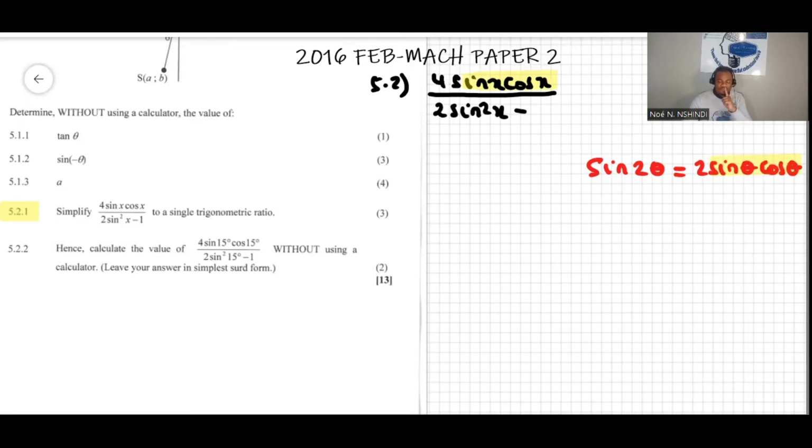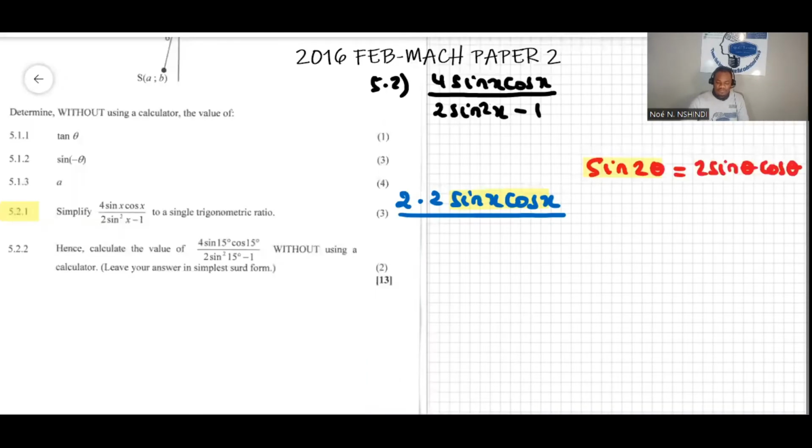So what can I do? Because I have 4 there, instead of writing 4, I can write 2 times 2 sine x cos x, all over the denominator. Now this part will be the same as that one, and can be reduced to that.